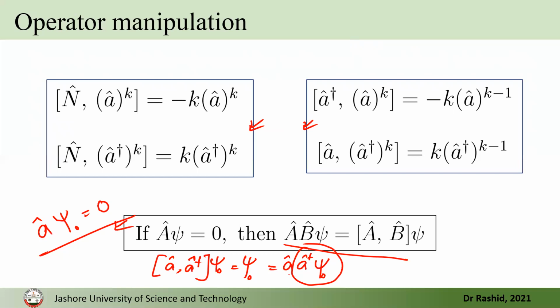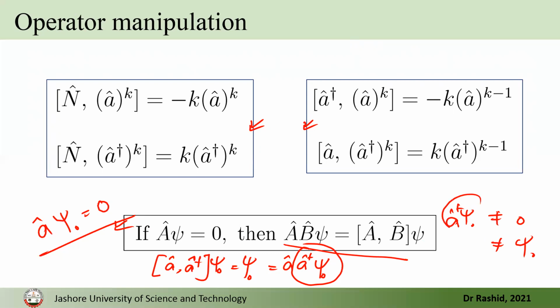That is, when A hat operates on the wave function psi 0, it doesn't give 0, so it is no more the ground state, because if it was the ground state, then when A hat operates on it, it should be 0. That means A hat dagger acting on psi 0 is not equal to 0, and is also not equal to the ground state wave function, it is something else.